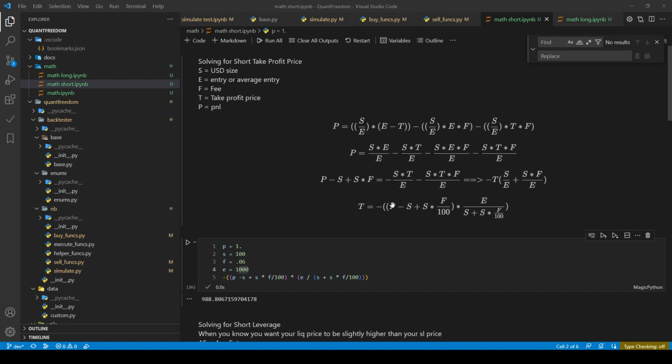So if I multiplied E by PE minus S, if I have this, I just have S, ST over E, STF over E. Let me just think about this for a little bit.